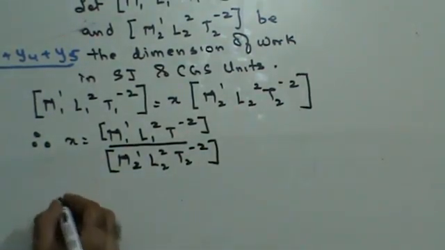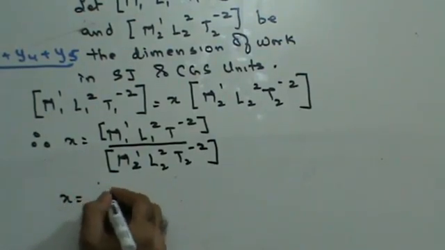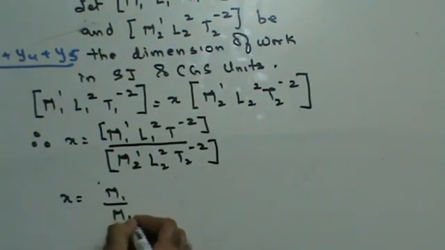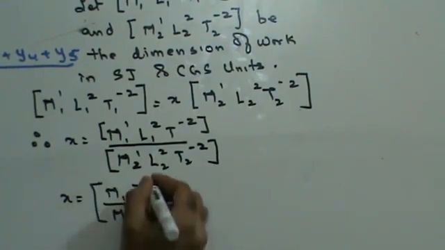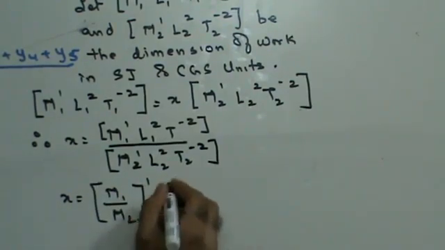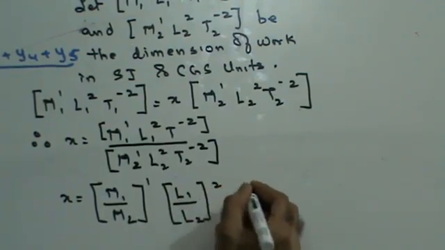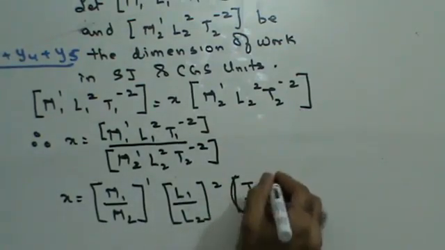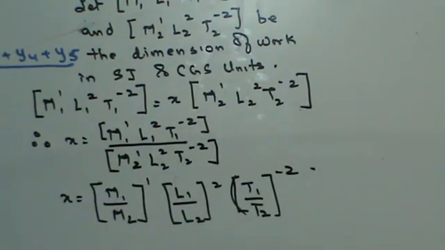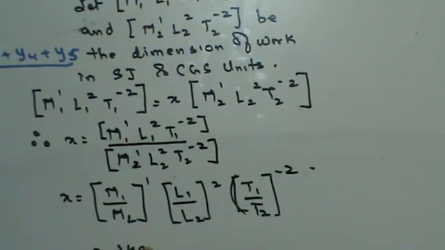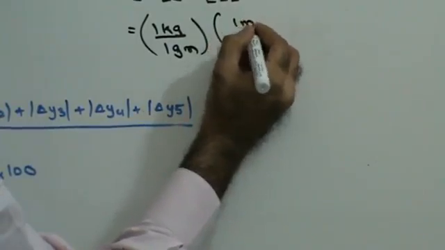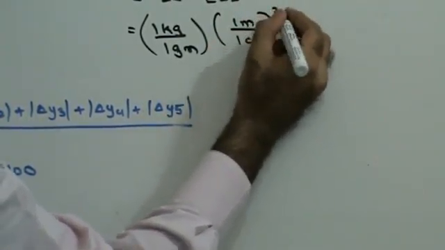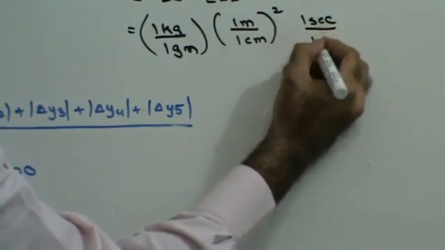Now this can be written as X is equal to M1 upon M2 raised to 1, L1 upon L2 raised to 2 and T1 upon T2 raised to minus 2. Right? Now M1 is the unit of mass in SI unit. So this is going to be 1 kg upon 1 gram, 1 meter upon 1 centimeter, and 1 second upon 1 second.